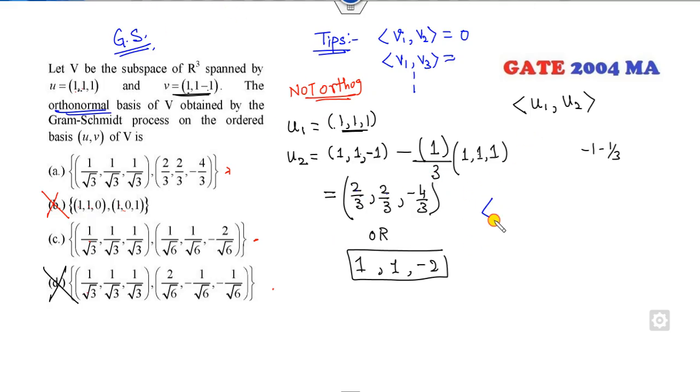So what is the orthogonal process? What is u1? It is 1, 1, 1 divided by its magnitude. So 2 over 3, 2 over 3, minus 4 over 3 is right, because here is a root 6 but we have a 3. So only the first option is correct, the third option is cancelled.